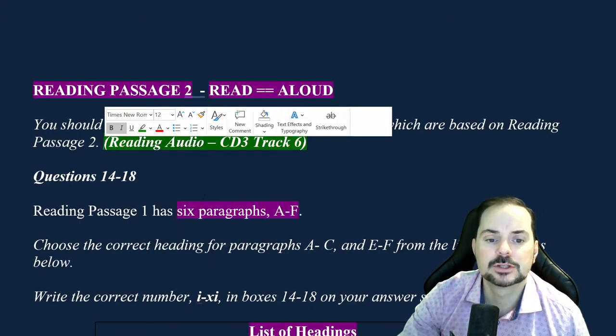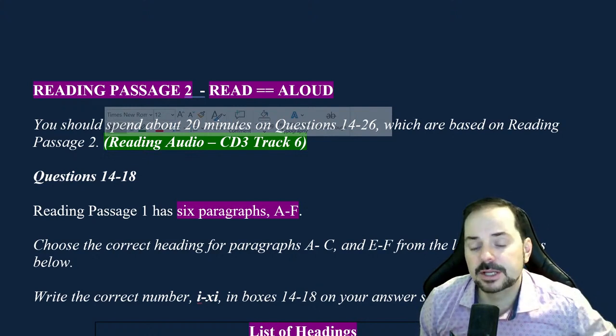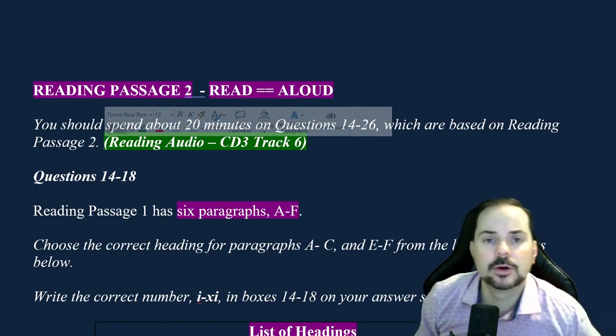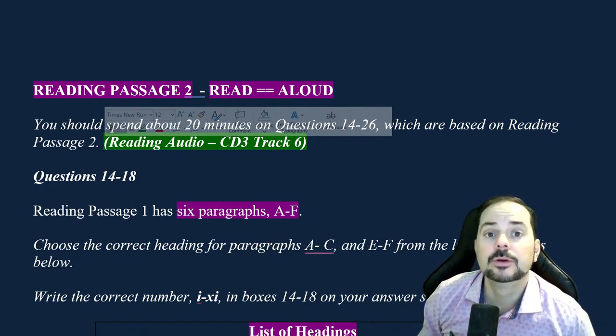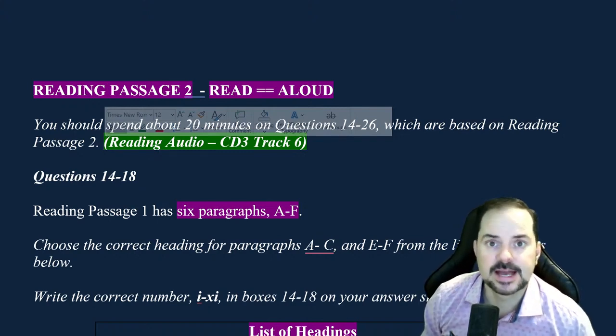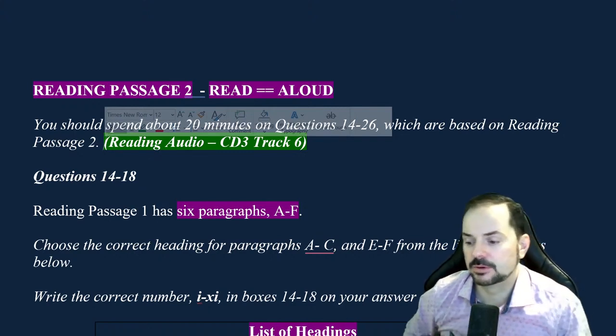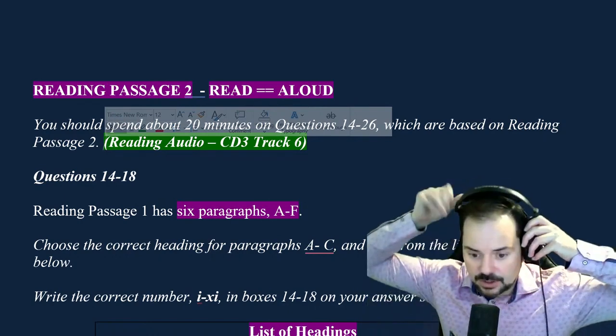Okay, so let's hop over to the website now. We'll play the audio and then everybody can read along. So read with the audio and start thinking as you read each paragraph, start thinking about what is this paragraph about, because afterwards we'll read this with students and figure out just that, what each paragraph is about, okay? So here we go.